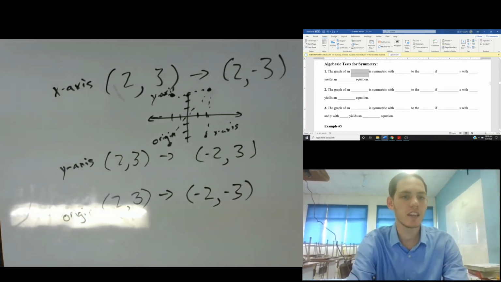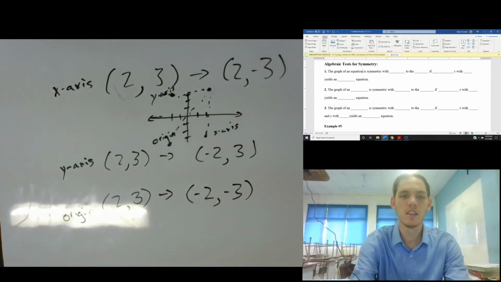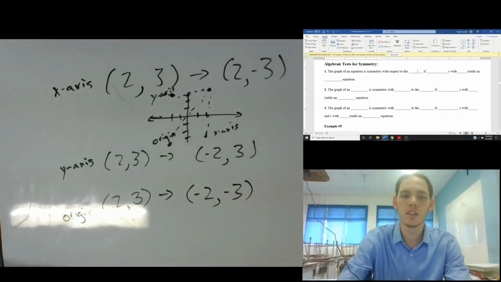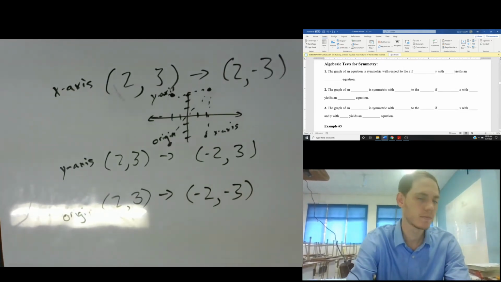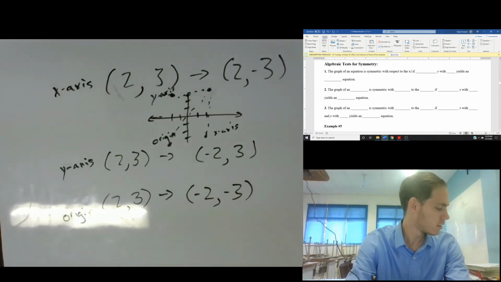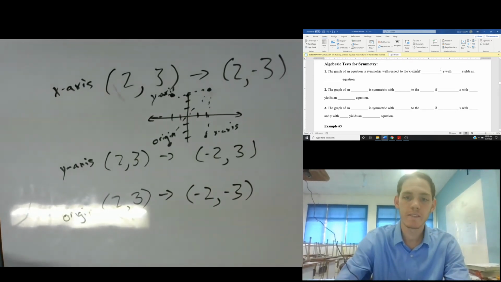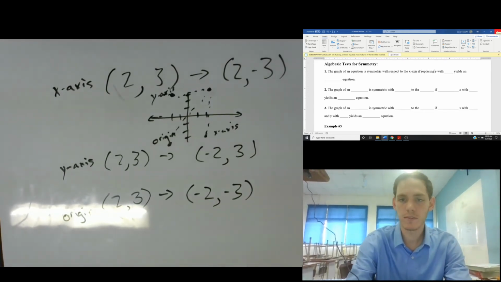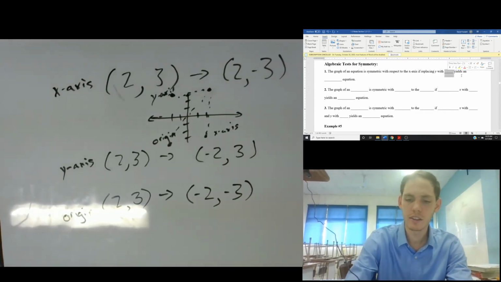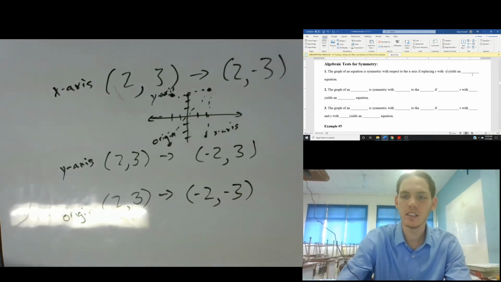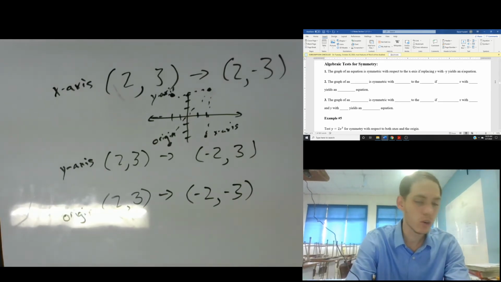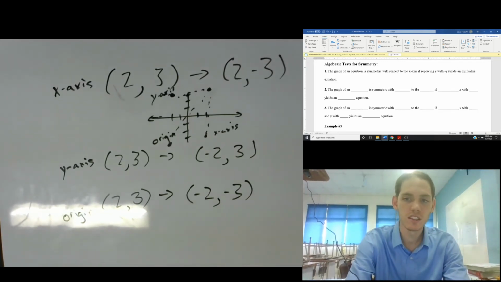So the graph of an equation is symmetrical with respect to the x-axis if replacing y with negative y yields an equivalent equation.